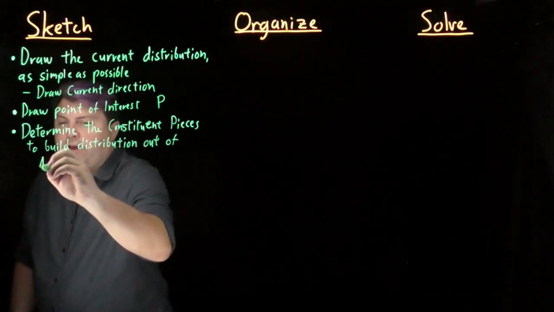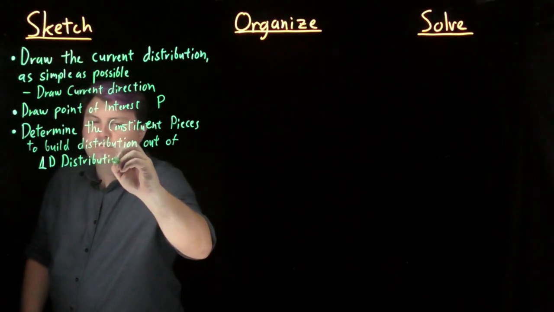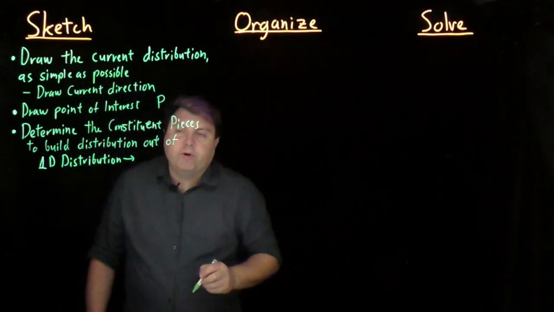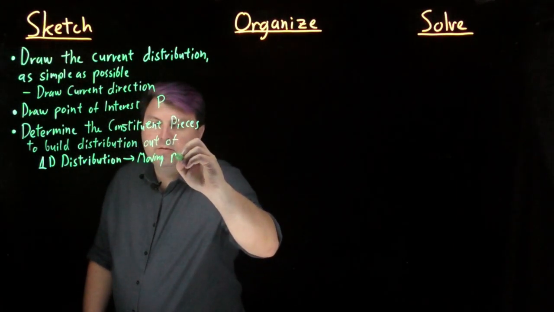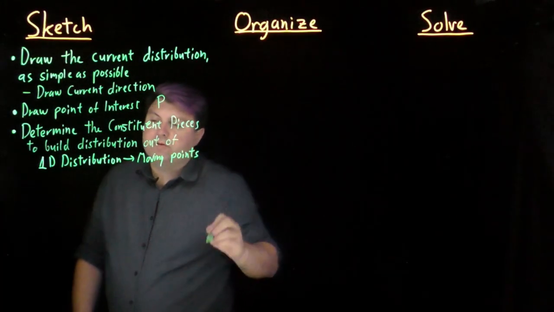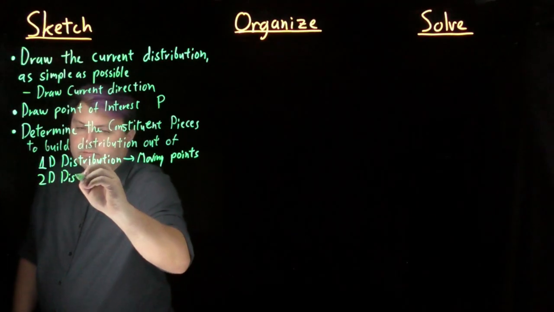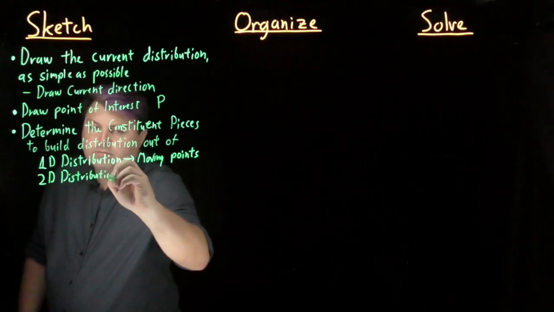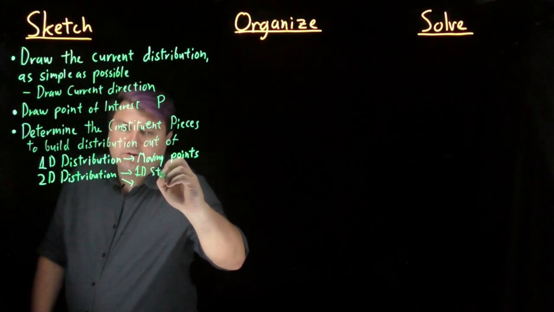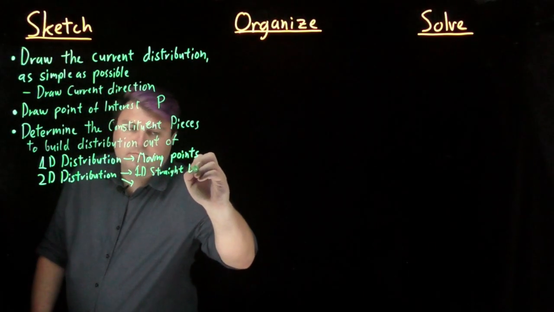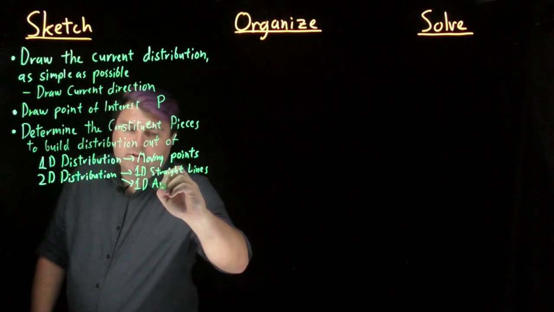So if we have a one-dimensional distribution, we are building it out of moving point particles. If we have a two-dimensional distribution, we are going to make it out of 1D straight lines or 1D arc lines.